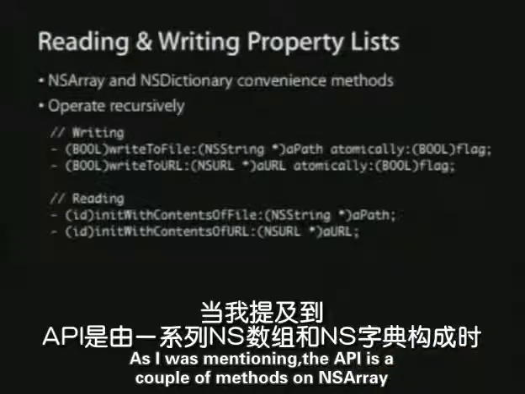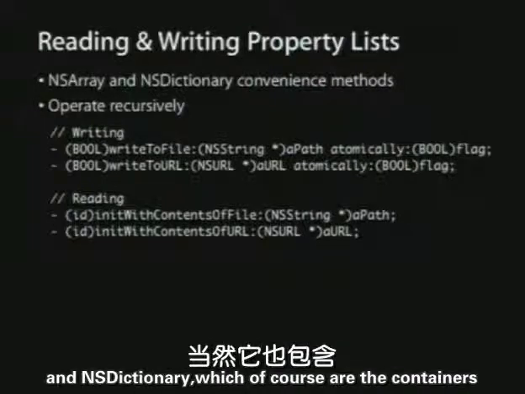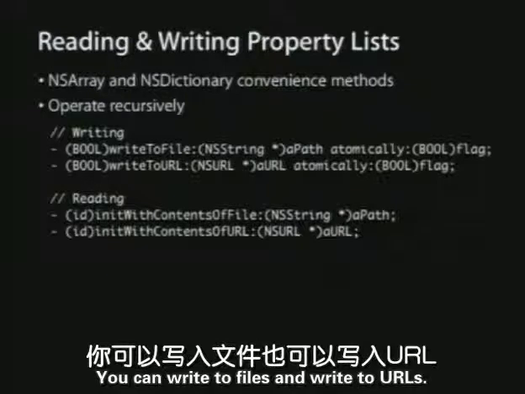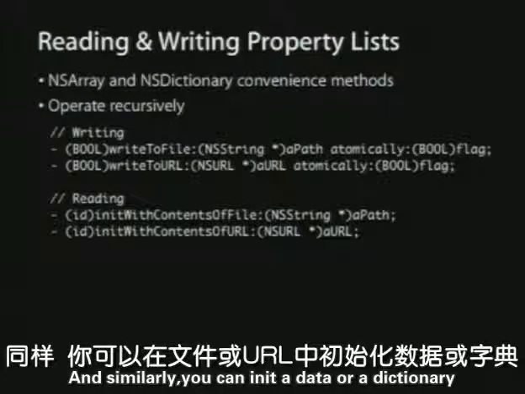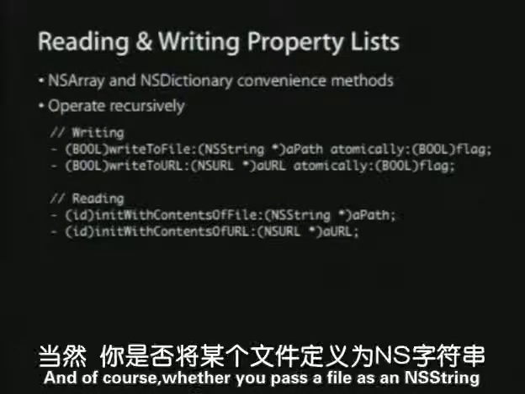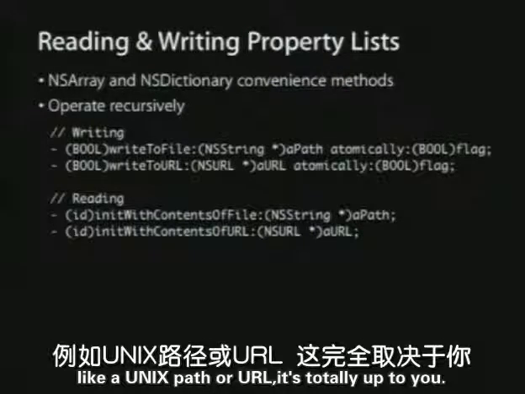As I was mentioning, the API is a couple of methods on NSArray and NSDictionary, which of course are the containers for these property list types. You can write to files and write to URLs, and similarly, you can init a data or a dictionary or an array with a file or a URL. And of course, whether you pass a file as an NSString, like a Unix path, or a URL, it's totally up to you.